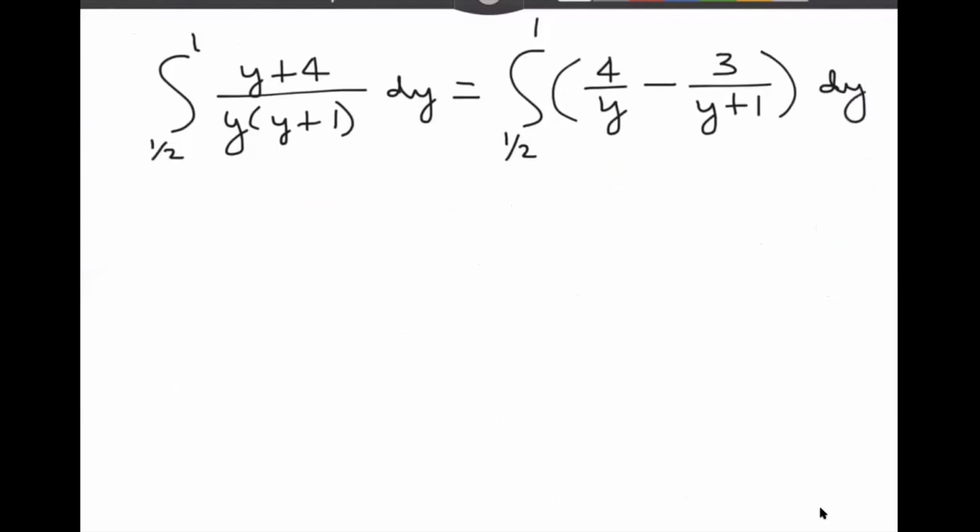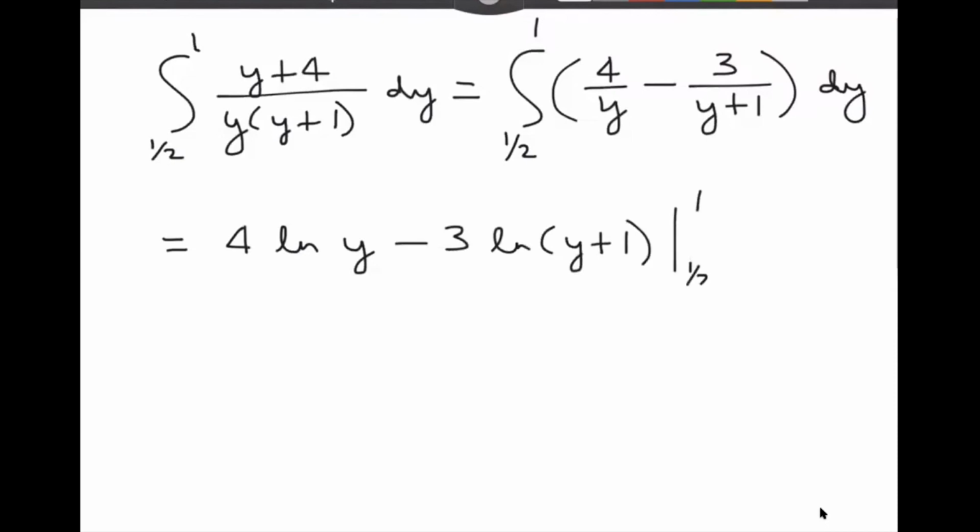All right, and this is exactly the same kind of integral that we did at the very beginning. And by the way, y is positive in the interval from 1/2 to 1, so I'm not going to bother putting the absolute value. Normally I would say 4 natural log absolute value y. In this case, we can just say y, because we're not going to be plugging any negative numbers in there. Minus 3 natural log y plus 1. Plug in 1, plug in 1/2.